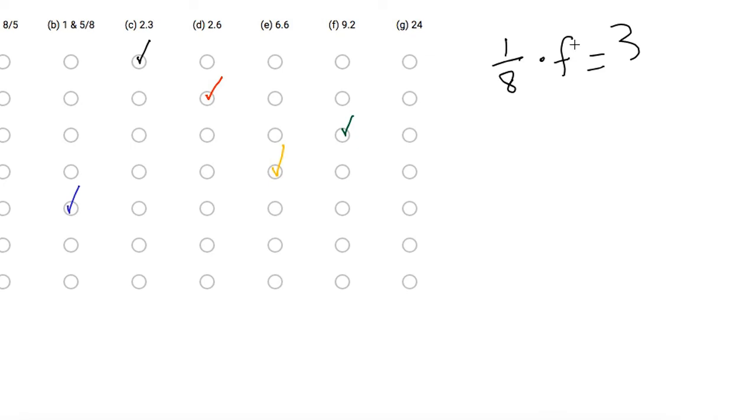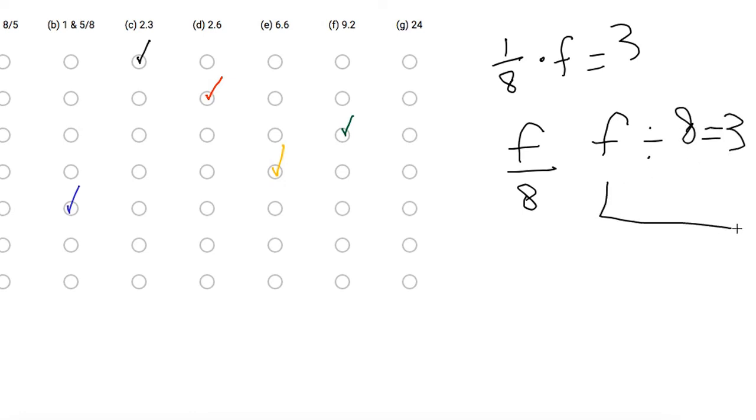For 1/8 times F, it's just like when we looked back at fractions: 1/8 times any number is going to be that number divided by 8, which also would look like this: F divided by 8 equals 3. And in this case, we could create our diagram here. Our total is F. It is divided into 8 pieces.